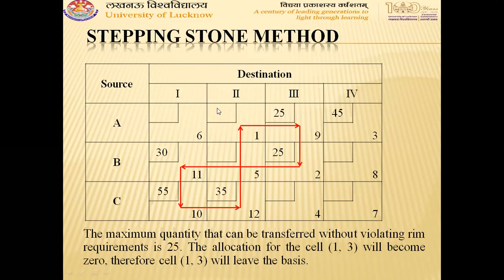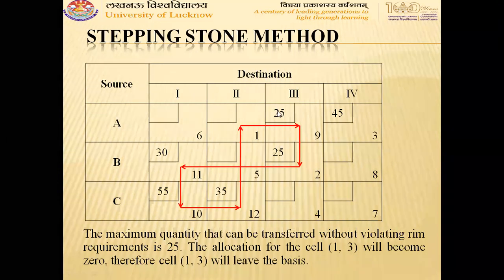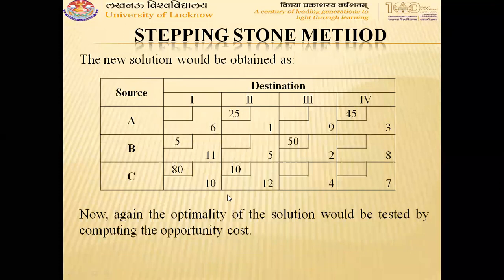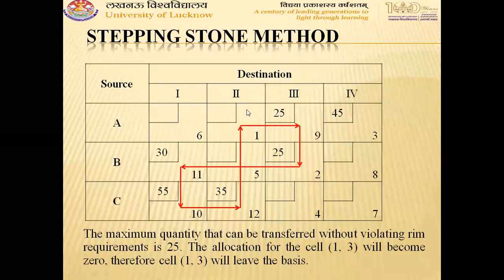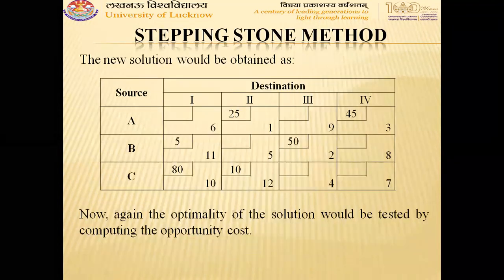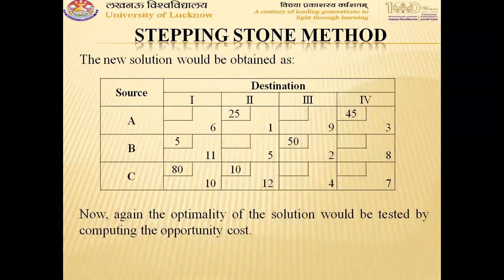So here we would obtain 25, 0, 50, then 5, then 80, and then 10. So this table again, this iteration is obtained.